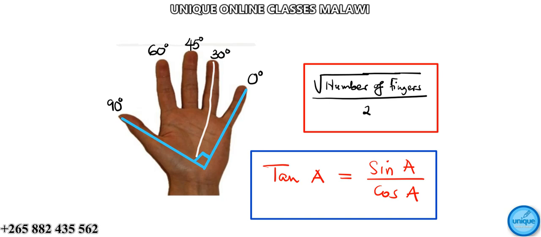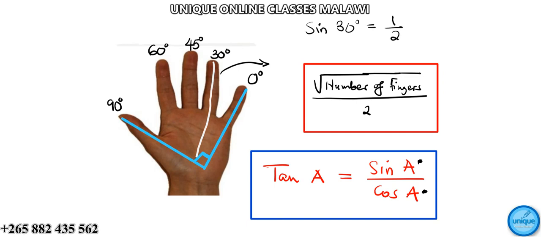So looking at this diagram, tan 30. Without using a calculator, sin 30 degrees is equal to how many fingers to the right? It's only one finger, 1/2. You see?